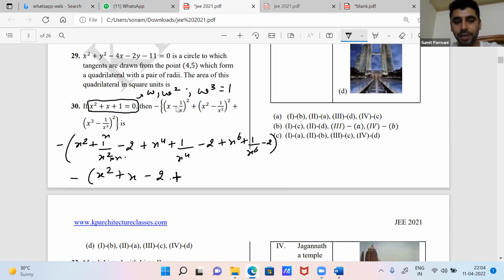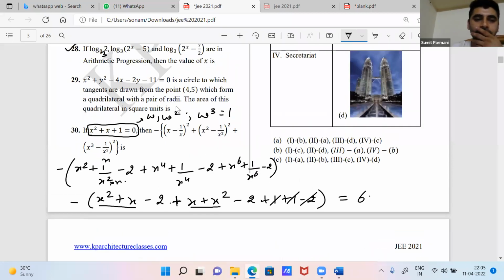Multiply with x square in the numerator and denominator, minus 2. This is x cube square. This can be written as 1, this can be written as 1, this can be written as minus 2. This will cancel this. This is your minus 1, this is your minus 1. Minus 1, minus 2, minus 3, minus 3, minus 3, minus 6. Answer is 6.